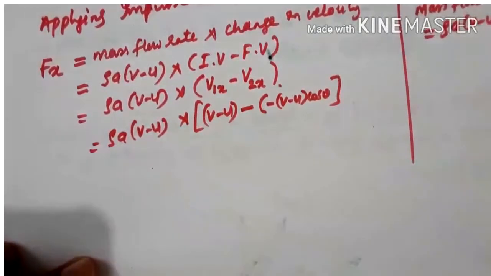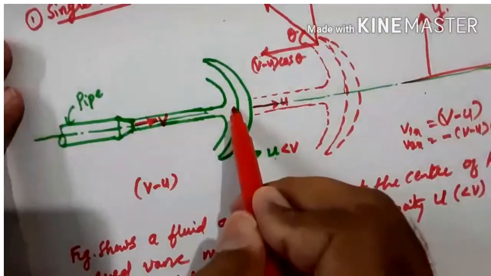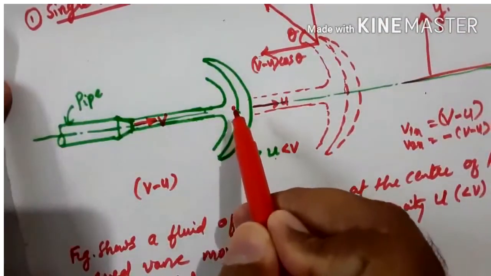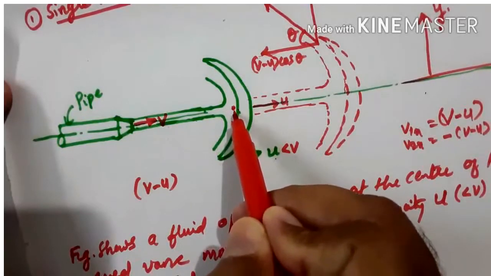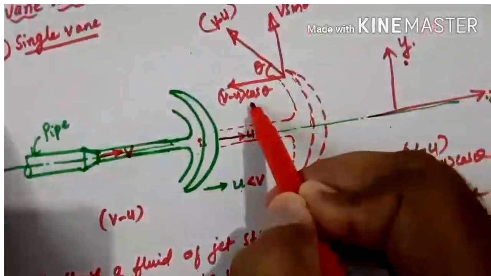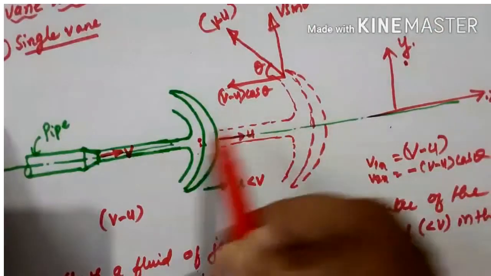Okay, so here it is striking with v minus u initially. Then final velocity will be what? v minus u cos theta, but in the opposite direction.